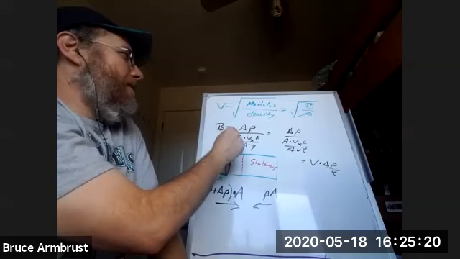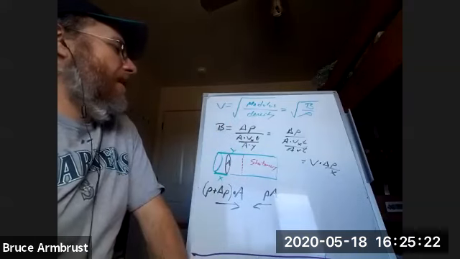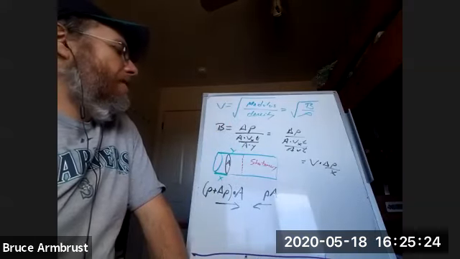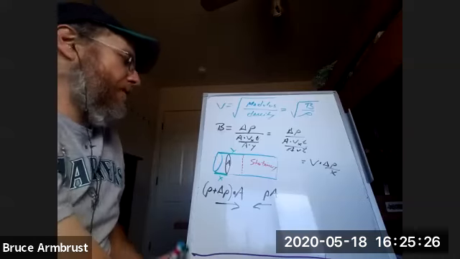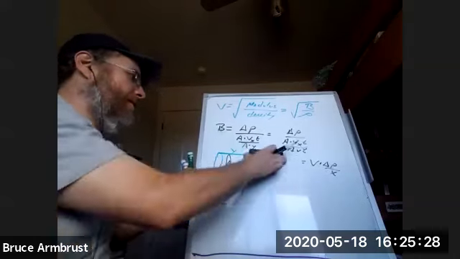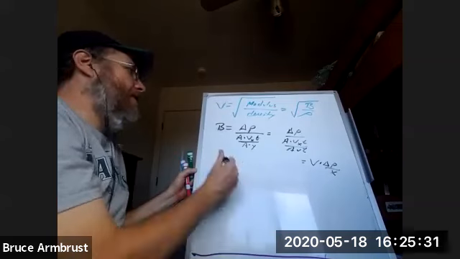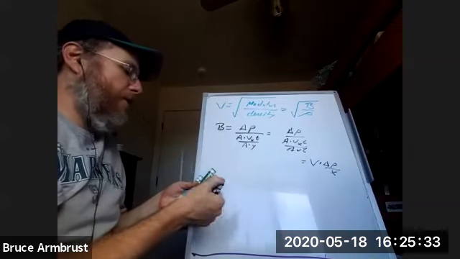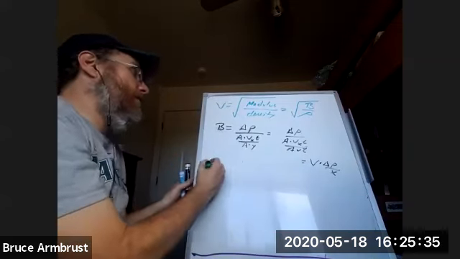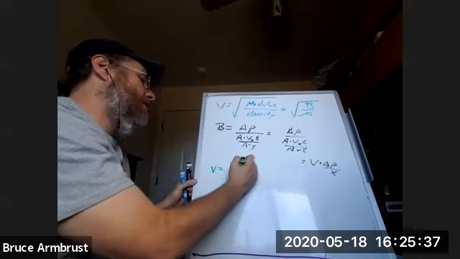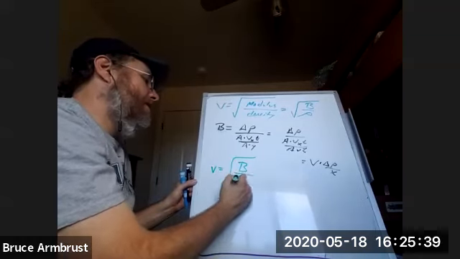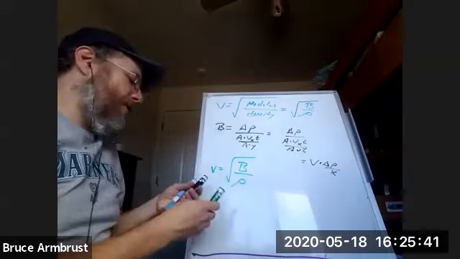I'm showing you how B is equal to this. We get that as our velocity. So what's important to know is this fact right here, that the speed of a wave in a fluid is the square root of B over rho.